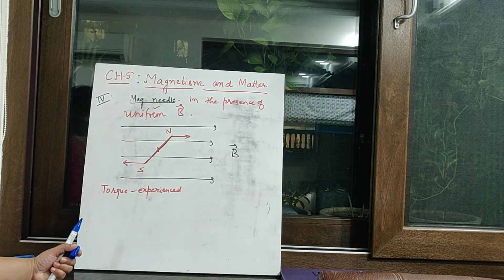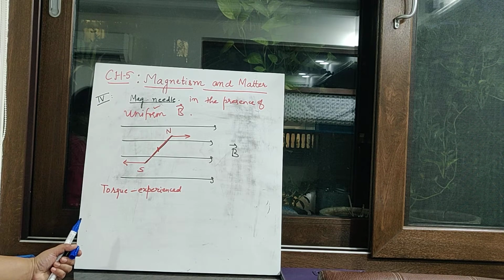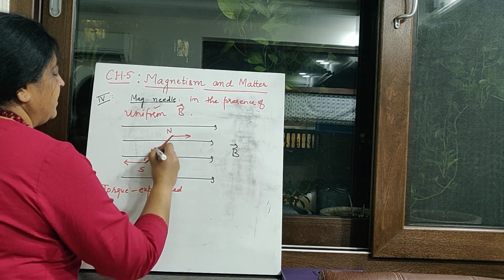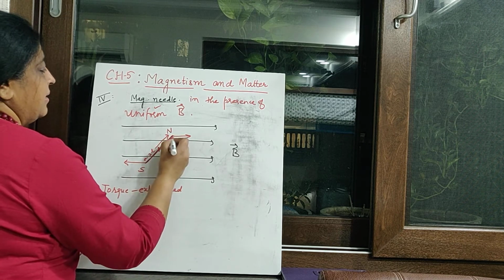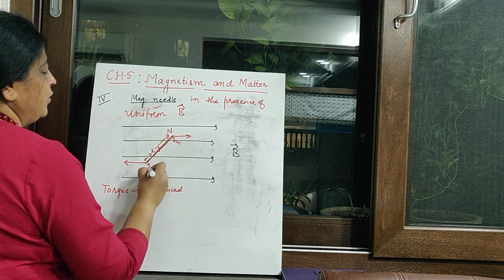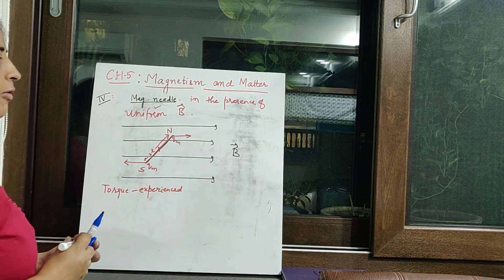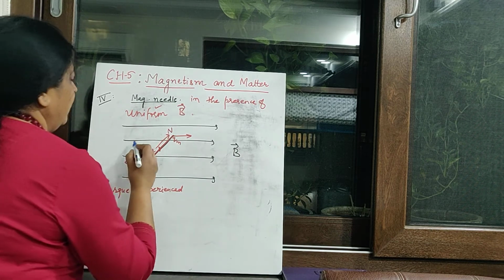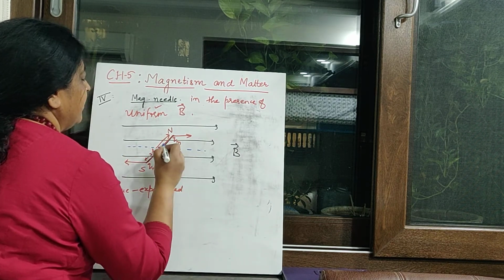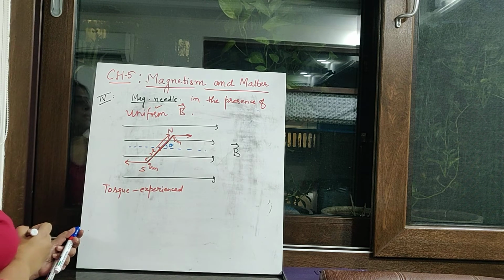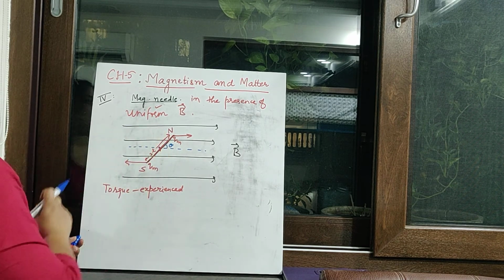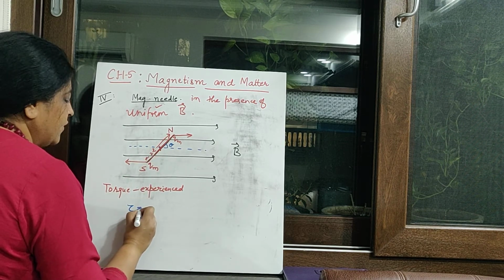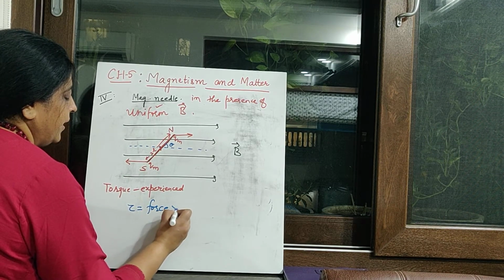Now let us say that the length of the magnetic needle is 2L, and Qm is the pole strength of the north pole and the south pole. Suppose theta is the angle between the magnetic field and the orientation of the magnetic needle, then torque is always equal to force into force arm.